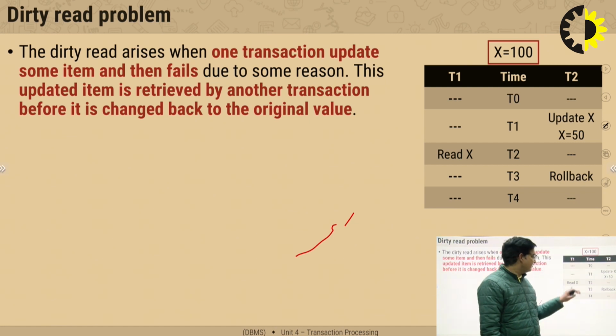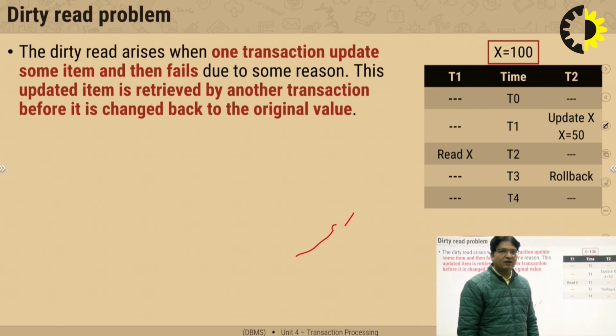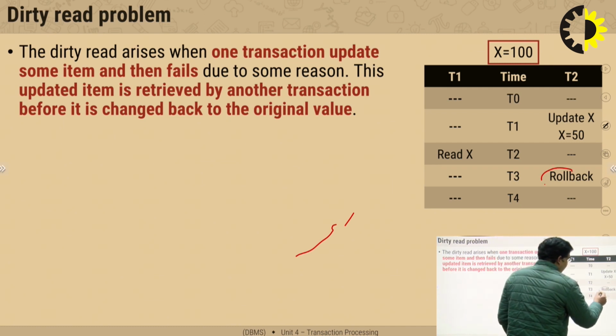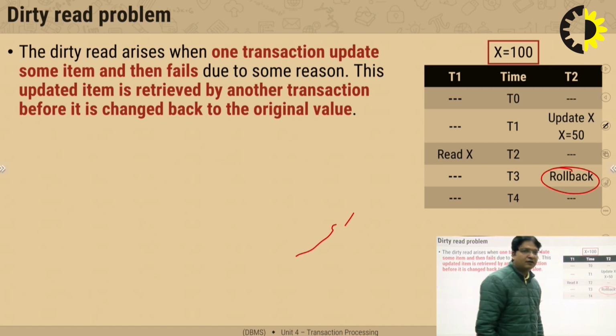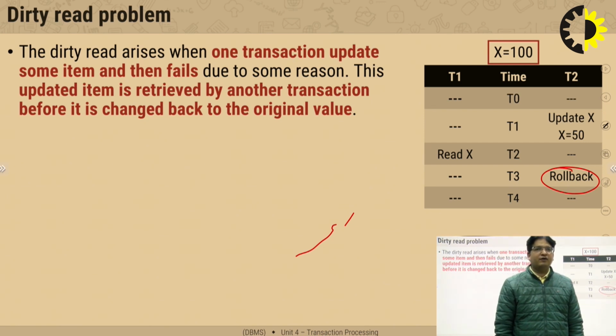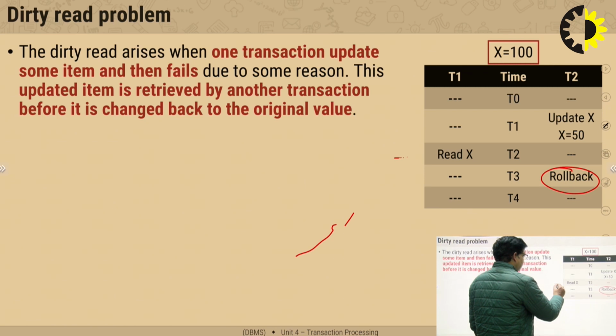Now T1 reads that particular value 50, then it completes its execution and commits. Now after that the transaction T2 fails due to certain reasons and decides to roll back. Now after rolling back the transaction T2, the value of X will be 100. This means that this transaction that has read the value 50 has read an incorrect value.